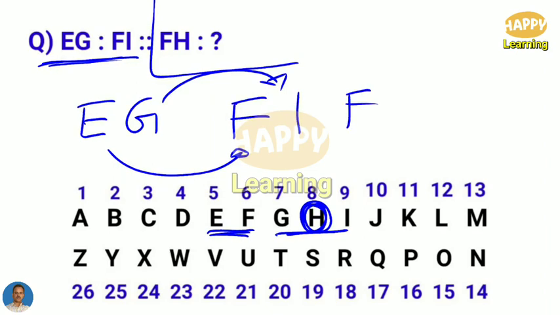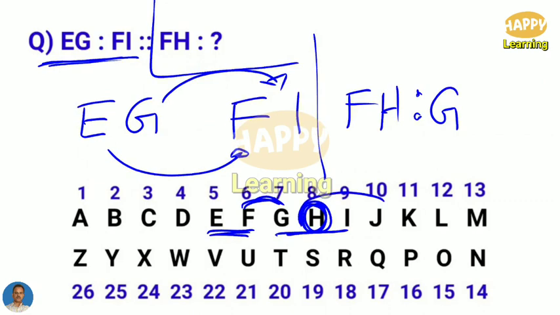Similarly, for FH, after F you are getting G. Then after H, by skipping one letter, you get J. H, letter I is skipped, you will get J. GJ is the answer.